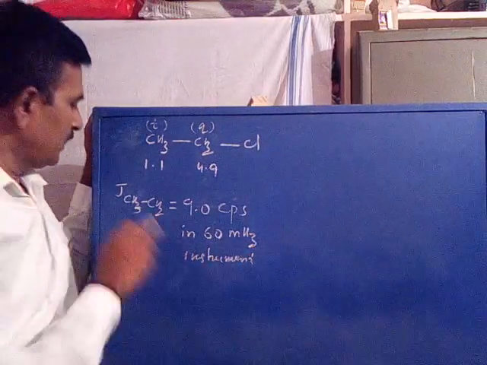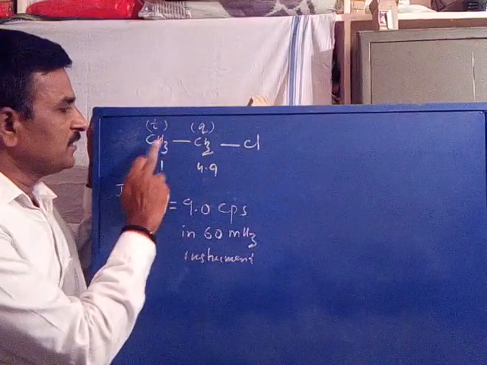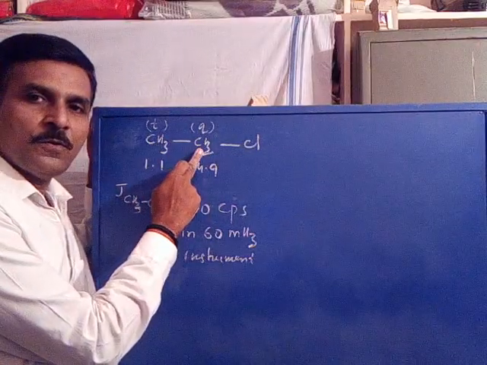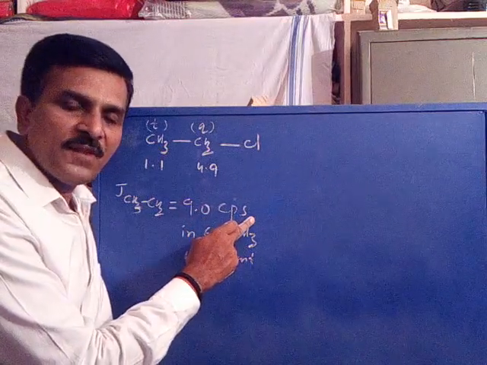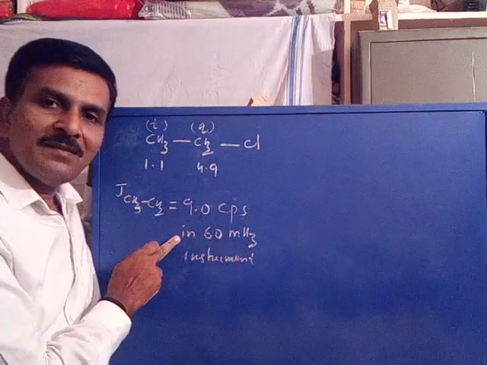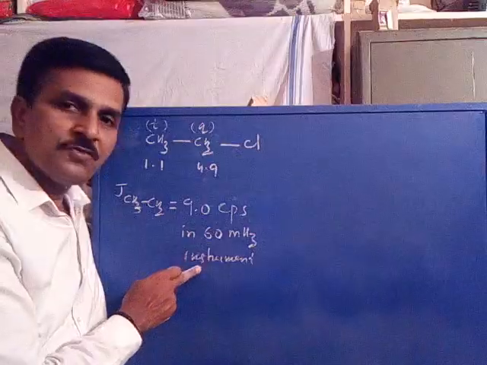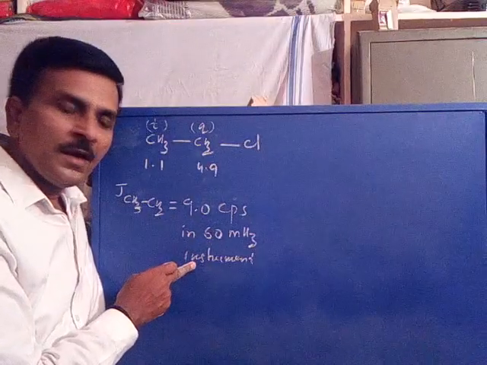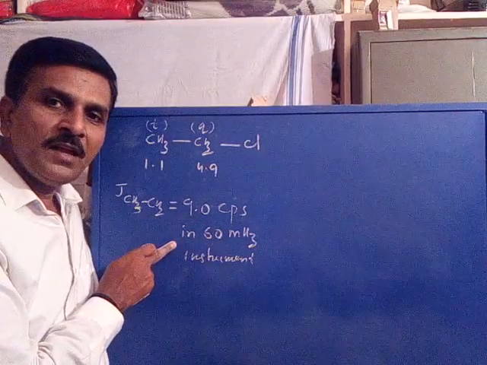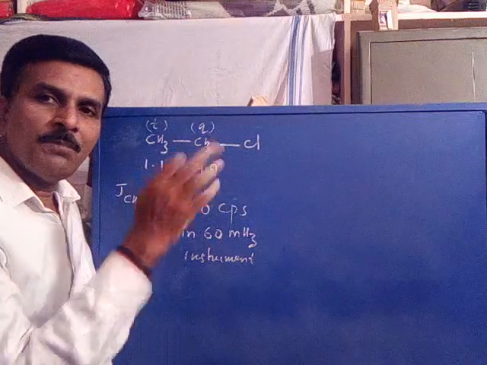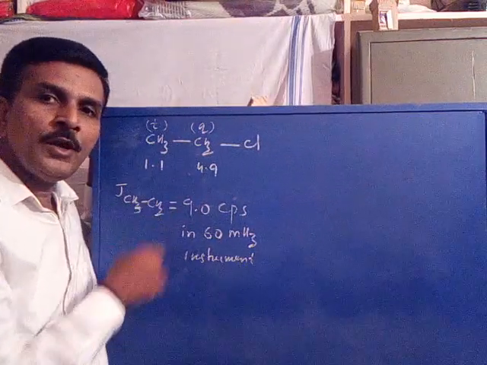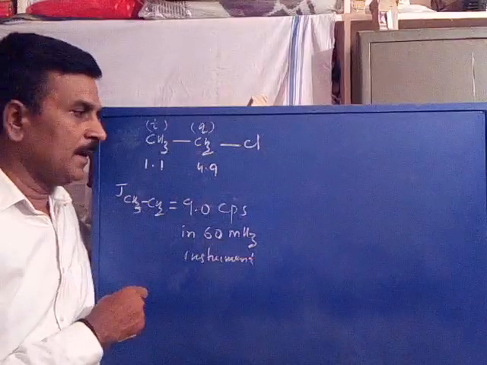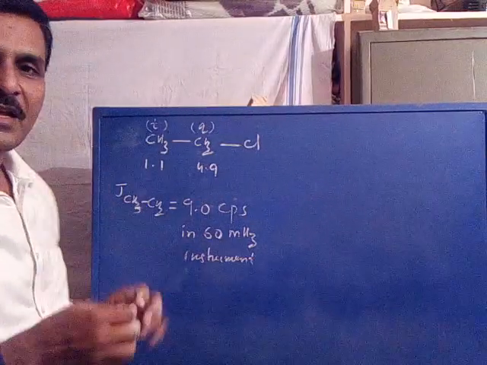When recorded, the J value between the CH3 protons and CH2 protons is 9.0 cycles per second when it is recorded in a 60 megahertz instrument. The instrumental frequency was discussed and completed in your first semester, so no need to go into it again in detail. Now, this is the condition.